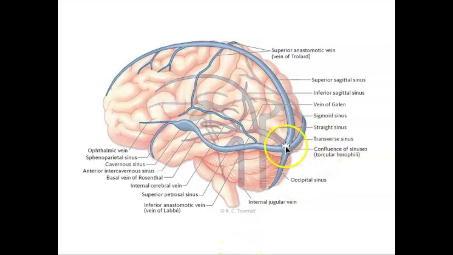What you're looking at here are these venous sinuses. Look at how they travel across the surface, the outer surface of the brain. They've also drawn in for us where the internal jugular veins would be. Remember, these venous sinuses drain into the jugular veins.